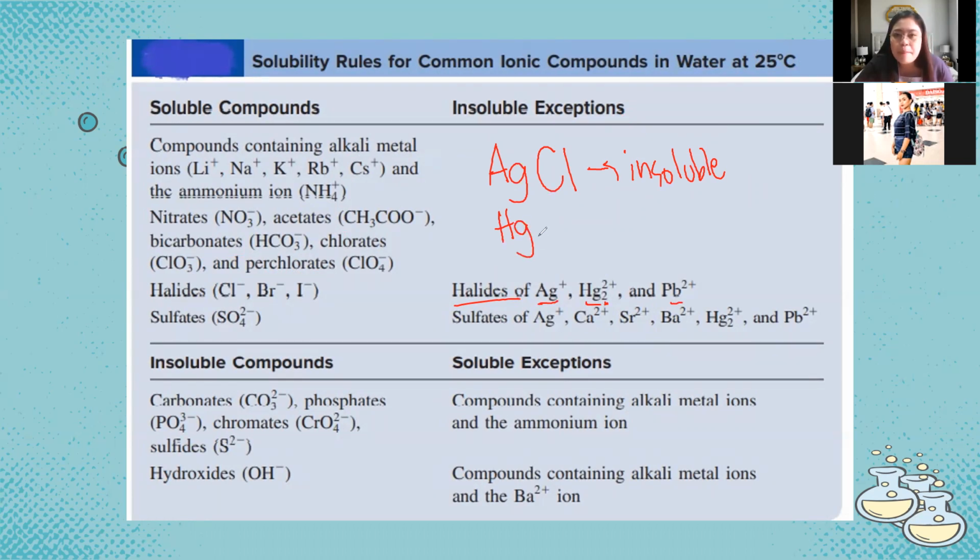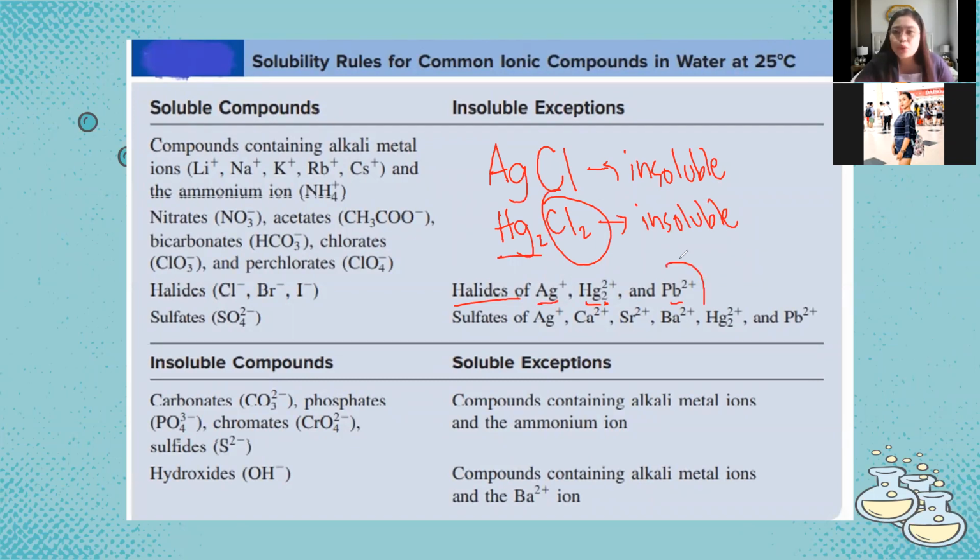So for example, we have Hg2Cl2 or the mercurous chloride, though meron kang presence dyan ni halide pero ang partner niya kasi ay mercury, so insoluble siya. Yun yung sinasabing exception to the rules.